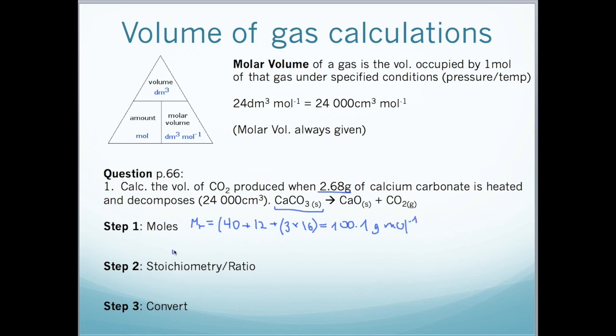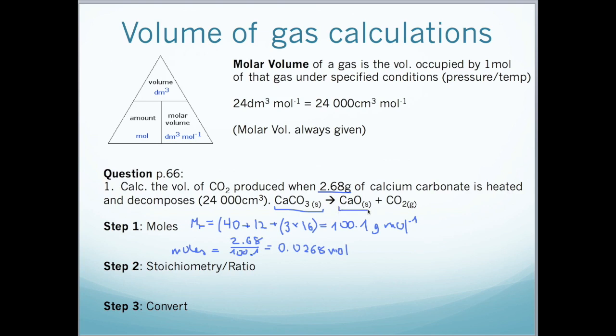So to get the moles, we can use the previous triangle, in which we divide the mass, which is 2.68 grams, by 100.1, which gives us 0.0268 moles.